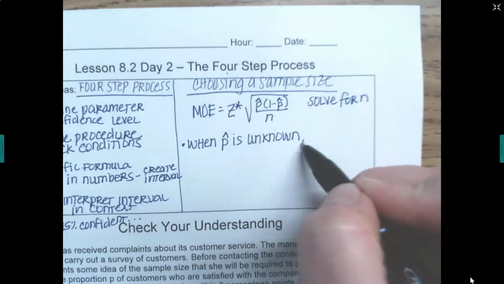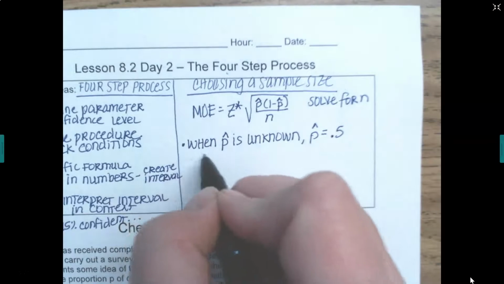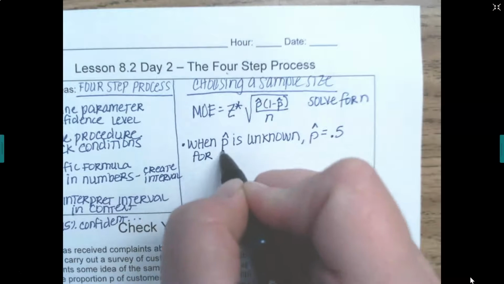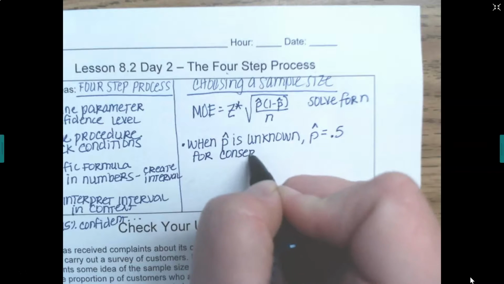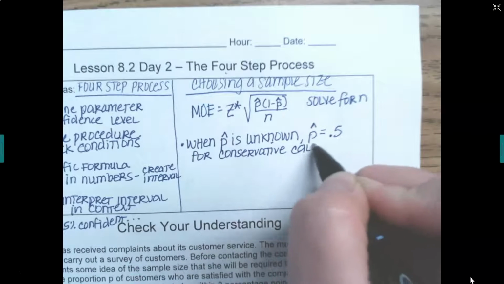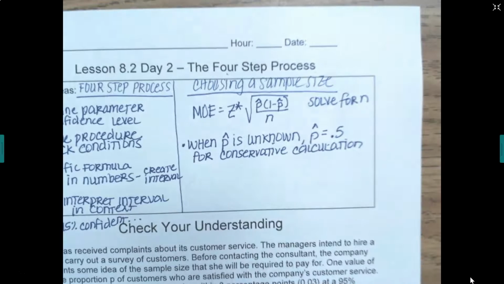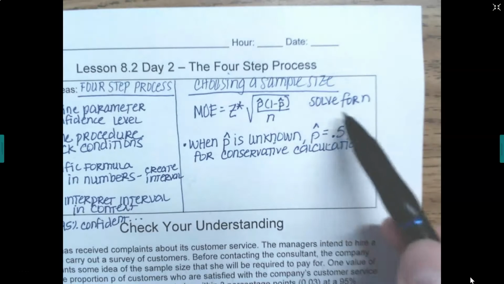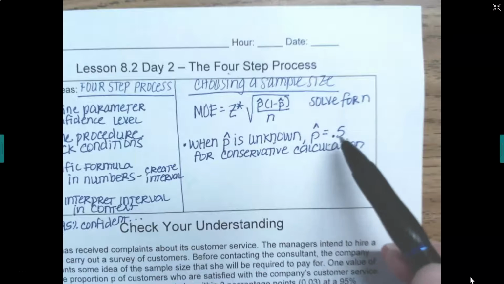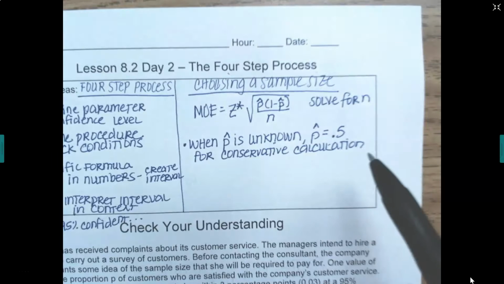We are going to use p-hat equals 0.5 because it's a conservative calculation. And what that means is that is the most error that you can get before the numbers just swap places on which is bigger, the success or the failure. So this is like maximizing the error. And so we call that conservative because it can't be any worse than this, is what we're saying right here.